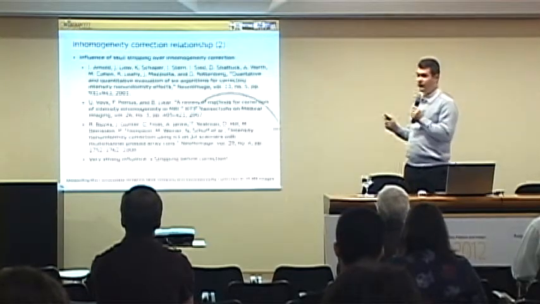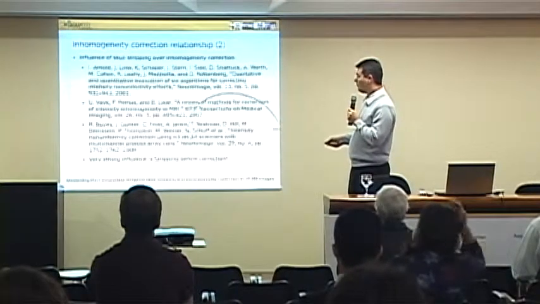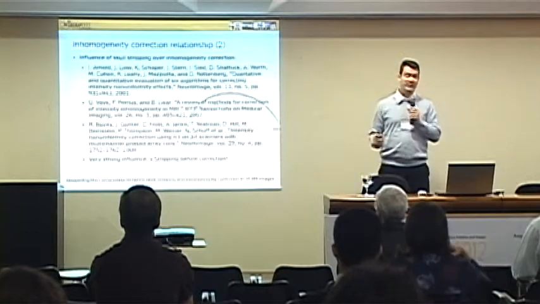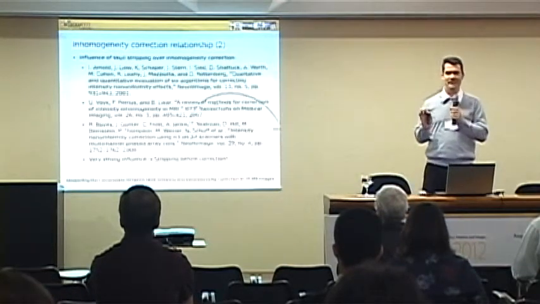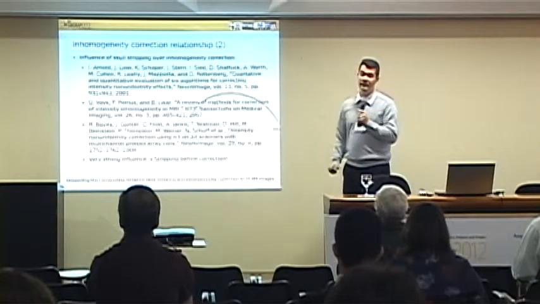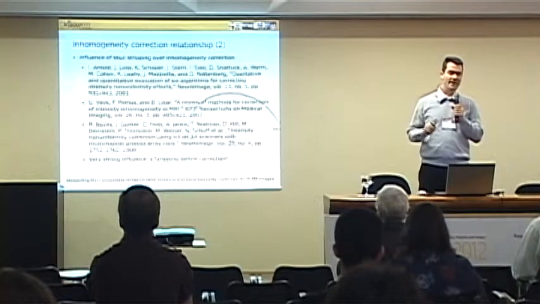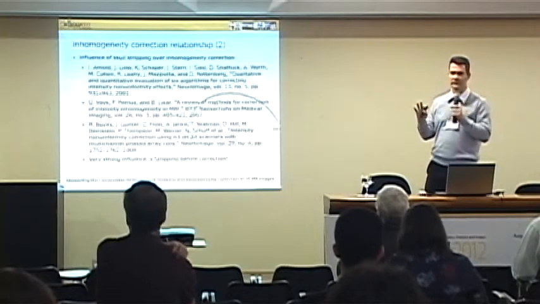If we do skull stripping and then inhomogeneity correction, those papers show that inhomogeneity correction has much better results when we strip the brain first, when we don't apply inhomogeneity correction methods over the entire image, but just over the brain.